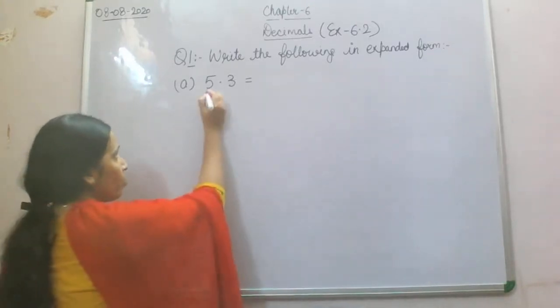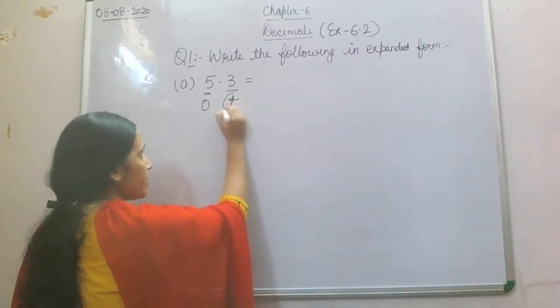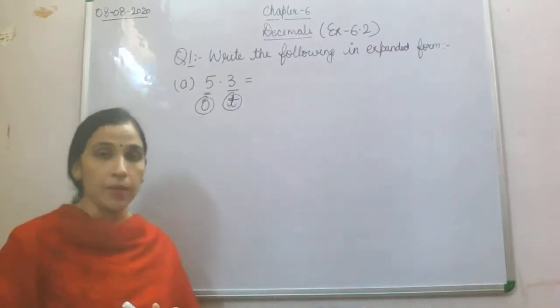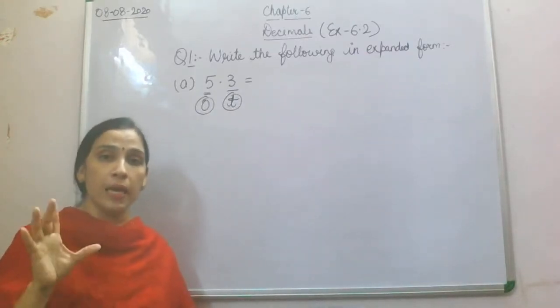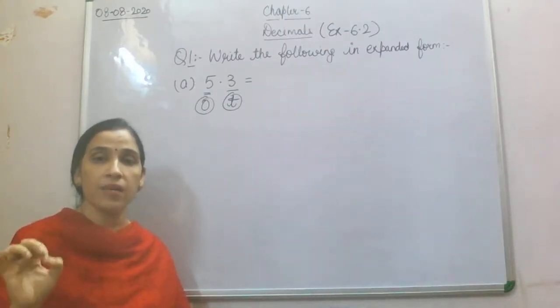Here in this number you can see this is your ones place of the whole number and this is your tenths place. These place values, when I taught the abacus yesterday, I told you that this place value is very important.